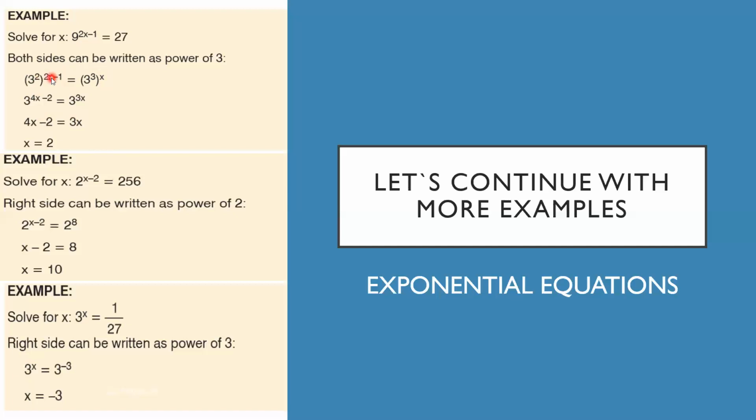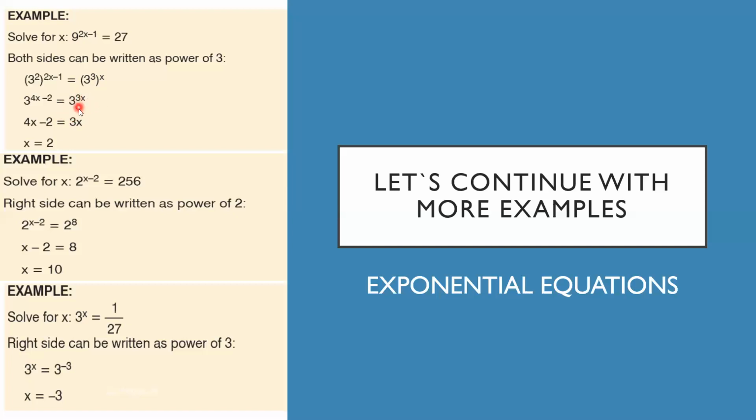So 2 times 2x will be 4x. 2 times negative 1 will be negative 2. So 4x minus 2 equals 3. It's not 3x, guys. Like I said, there's a mistake in the book. It's just 3 to the power of 3. Right. Then 4x minus 2 equals 3.